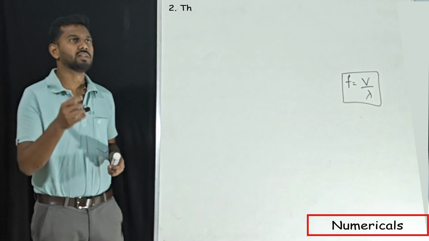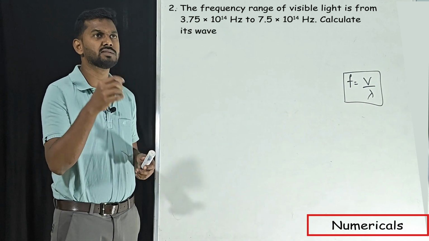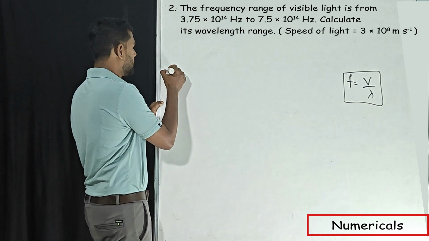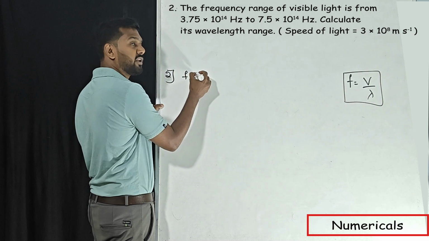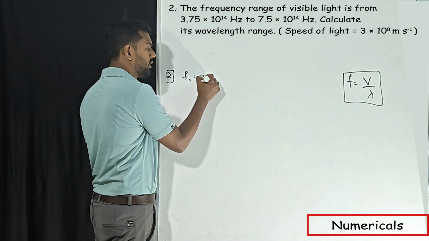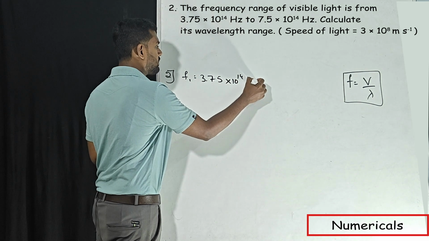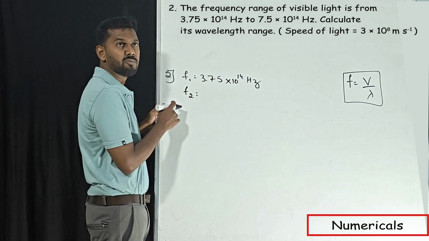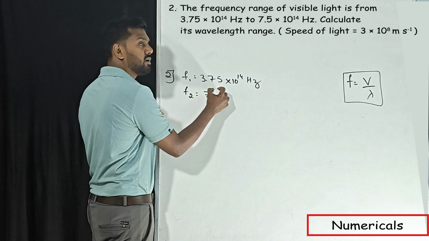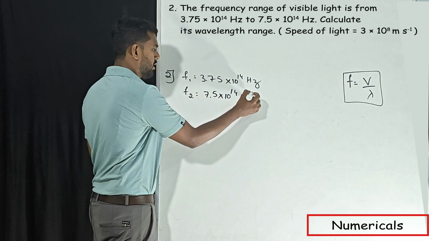Our next question: the frequency range of visible light is 3.75 into 10 power 14 hertz, and the maximum is 7.5 into 10 power 14 hertz.